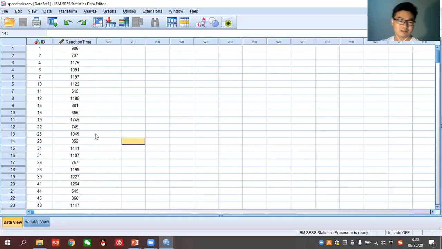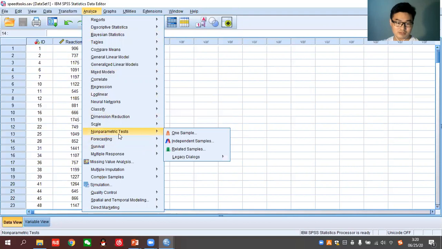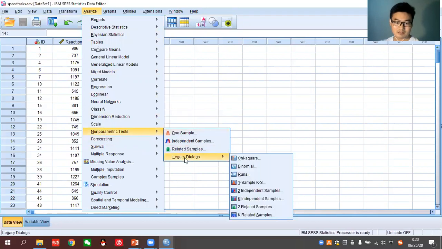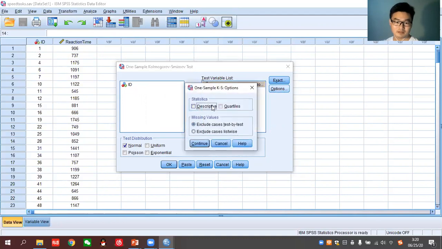This is our data. We click analyze. Goes to non-parametric tests, then legacy dialogues, and choose one sample KS test. Here we move our data to variable list, and let's see.